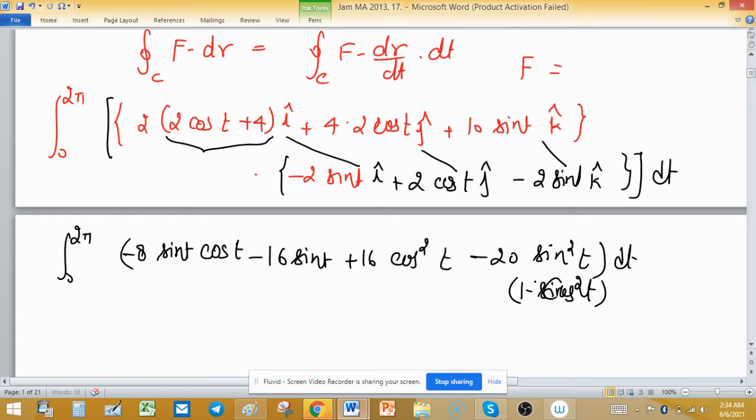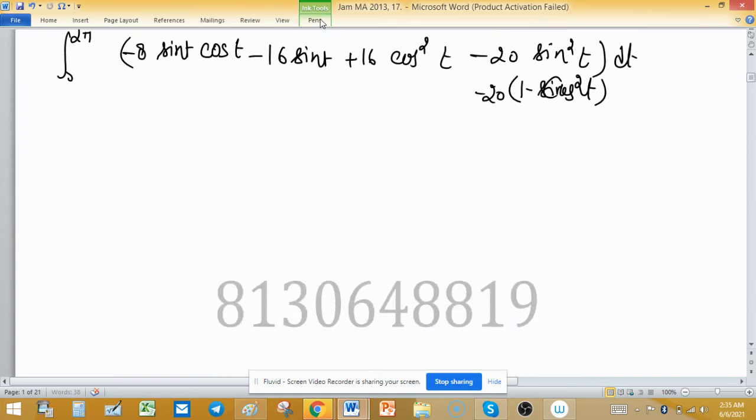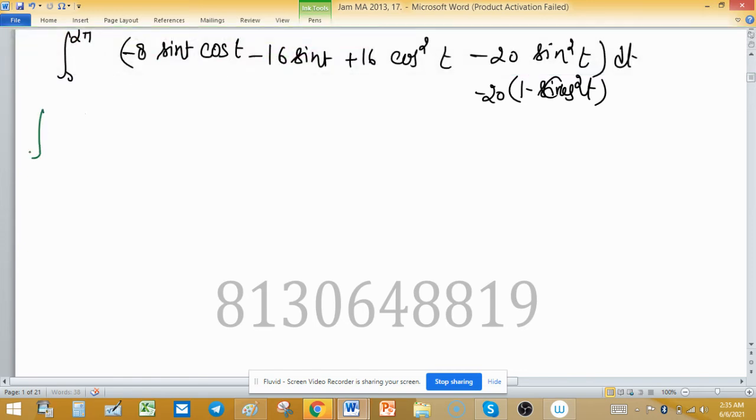So we obtain minus 20 plus 20 cos squared t as another term. The first term, you can use the 2 sin a cos b formula, can be written as minus 4 sin 2t, taking half of this.